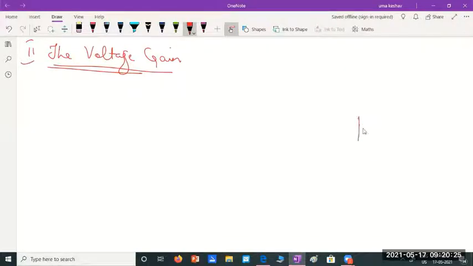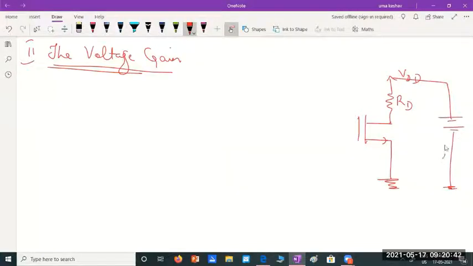If you remember the circuit, here I have this drain resistance and this is VDD, and the source terminal is grounded. So if I apply KVL around this output loop, this is your VDD. What voltage do I have here? I have the total drain source voltage and the total drain current.